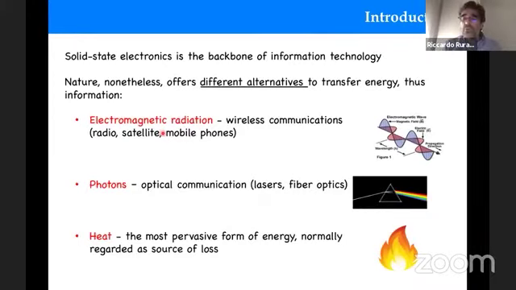You have photons for optical communications, and then you are left with heat, which I guess it will not be difficult for you all to recall from your thermodynamics class is always regarded as a source of loss. Okay, so the challenge in phononics is to try to reverse this viewpoint and look at heat as an active source of energy that you can use to transmit your information in a deterministic and ordered way, and if possible to modulate it.